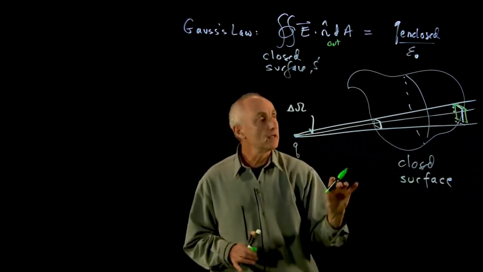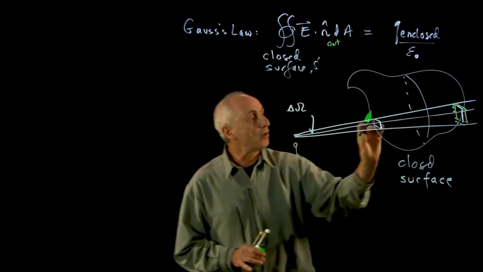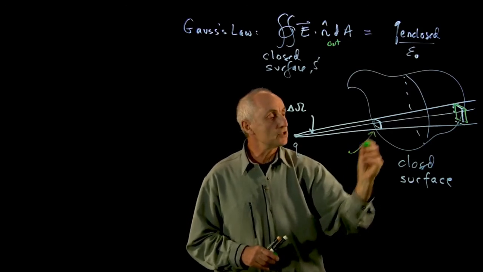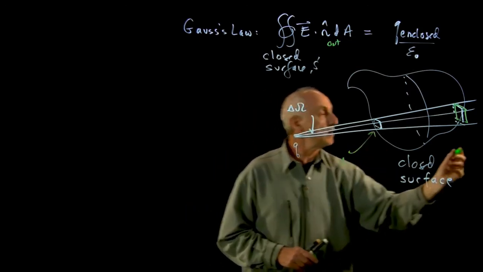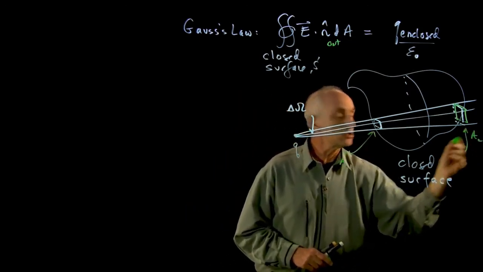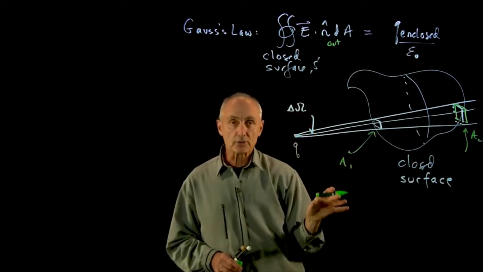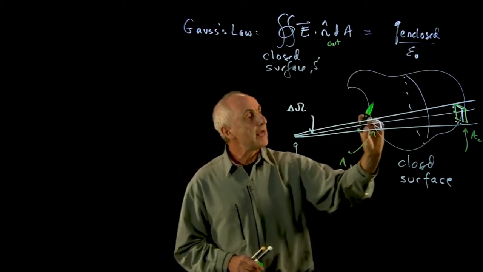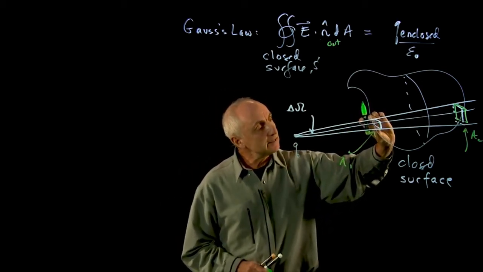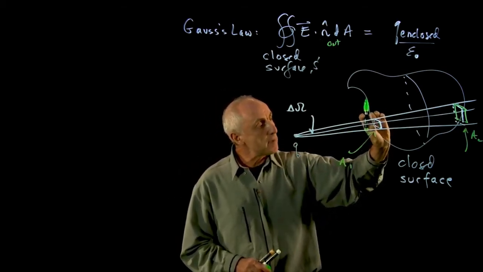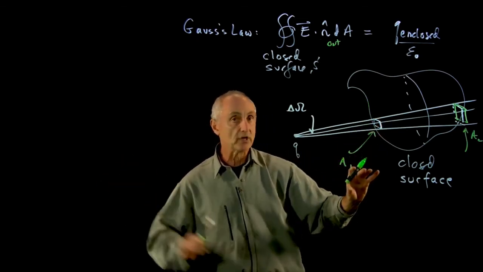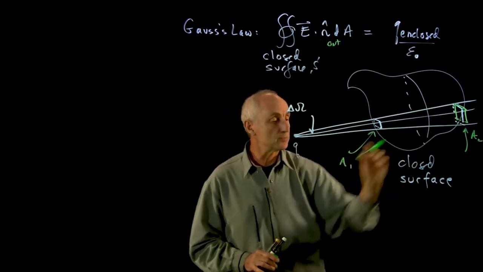Now, in the limit in which we make the wedge very small, I can divide up this arbitrary closed surface into these two pieces with area A1 and area A2. And now we can go back to the proof that we showed before. Because Q is not enclosed, and if I have to tilt this area to match the local shape of the surface, well, that's OK, because of the way the cosine factor cancels on both of these pieces.